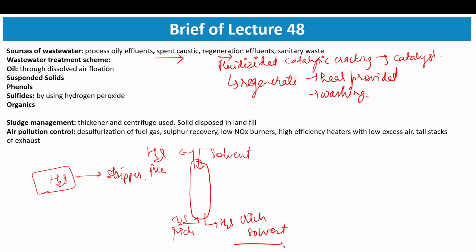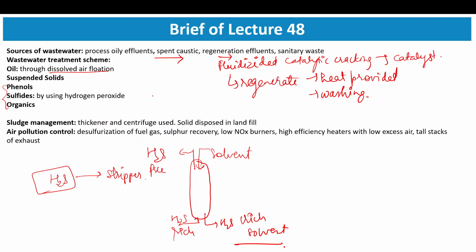So regeneration effluents are also a source of wastewater in this plant, and sanitary waste from toilets, right? To remove oil which is present in wastewater, you can use dissolved air flotation or cloth flotation. Then to remove any suspended solids, you can use clarifiers. And for removing phenol and other organics, these are the composition of it.